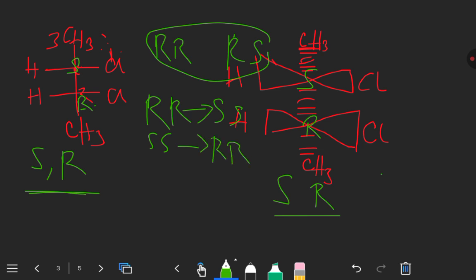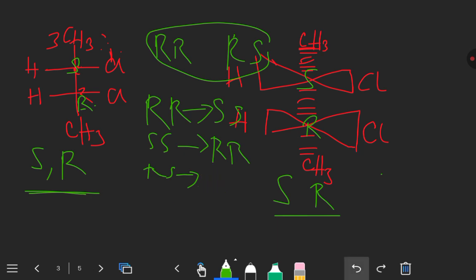So in this case, we said that those compounds are enantiomers because they are mirror images of each other. Or in a case whereby you have RS, then you have SR like that. Even in this case, they are simply enantiomers because they are mirror images of each other.